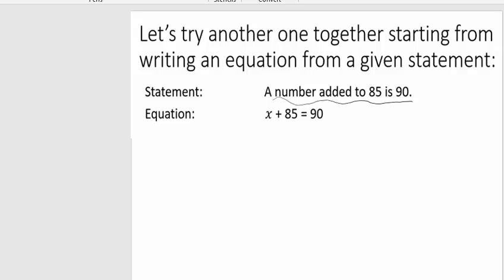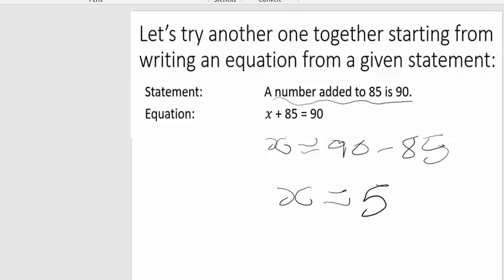How can you write this equation? You can write it as x plus 85 is equal to 90. So let's start solving. Clearly we want to simplify and get x on its own on one side. If you want to get x on its own, you must transpose the 85. Therefore, x is equal to 90 minus 85, and x is therefore 5. That's how you would solve this problem.